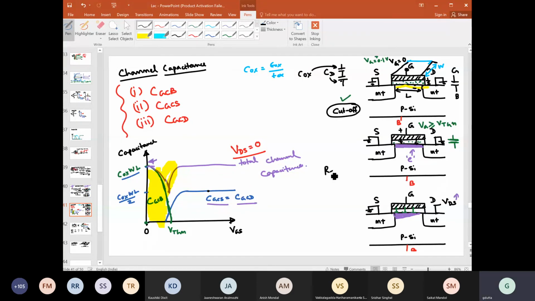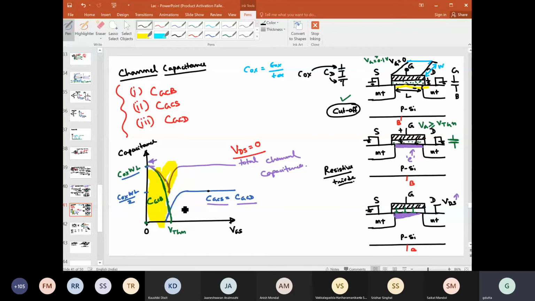So again, for this we can say that this is the resistive or triode case, almost close to that.